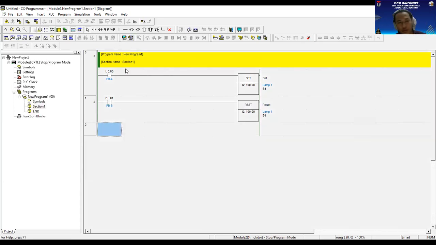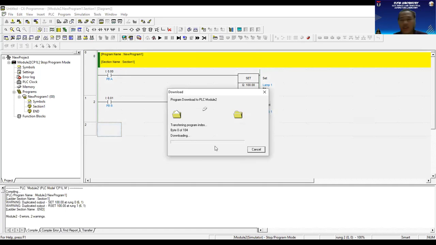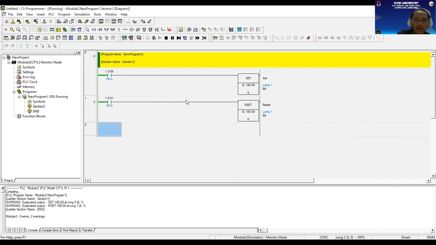Start the simulation. This is like KEEP. The difference is that for the instruction set reset we use two instructions, and for KEEP just one.